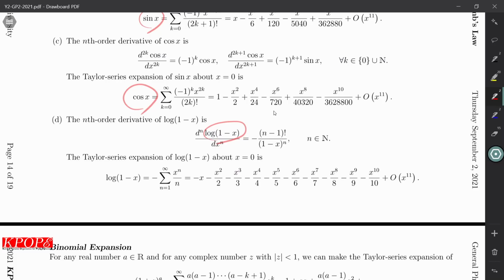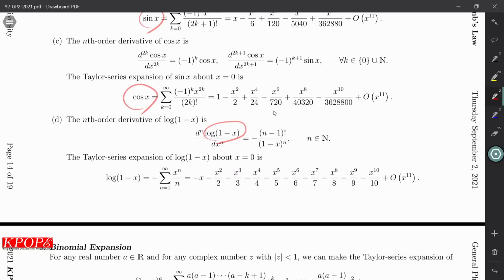Since log 1 is identically 0, it's not a good idea to expand log x.